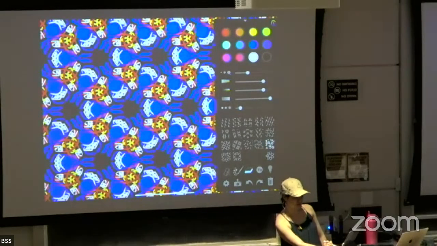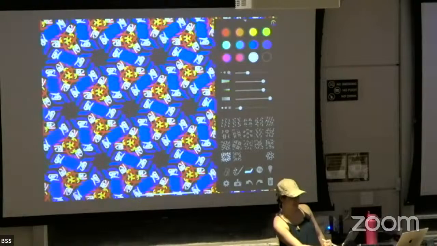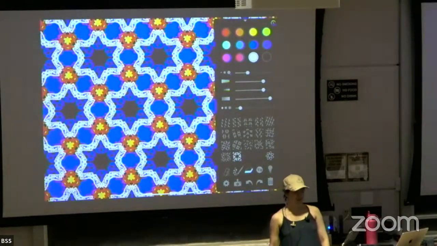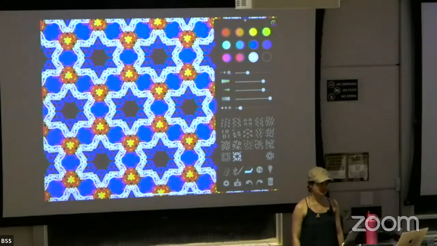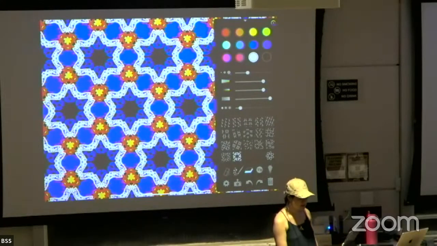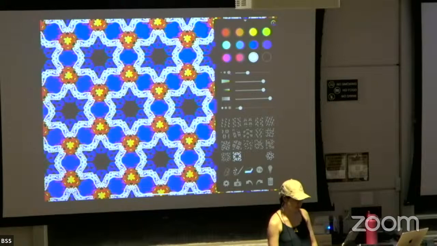This might be 3 star 3 actually. This is the 632 and then star 632. So anyway, this is maybe a fun tool for those of you in the t-shirt making business.